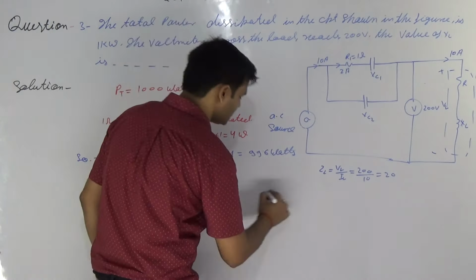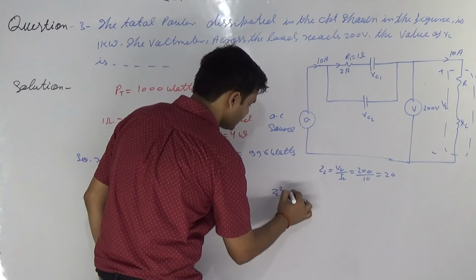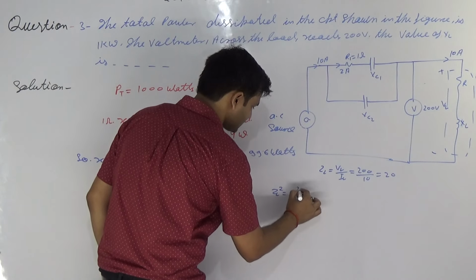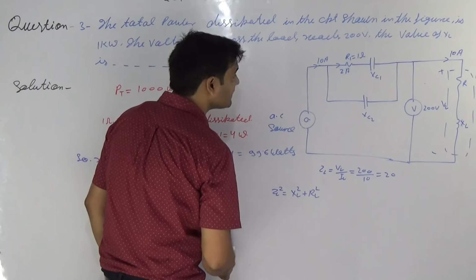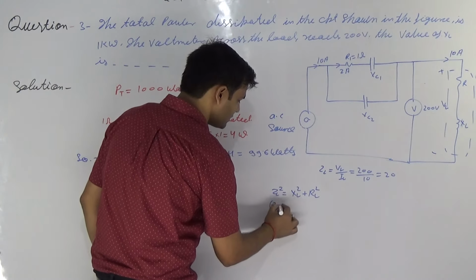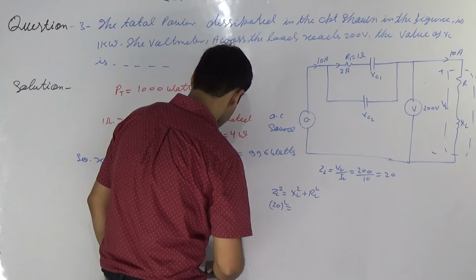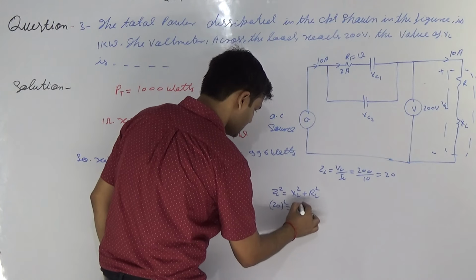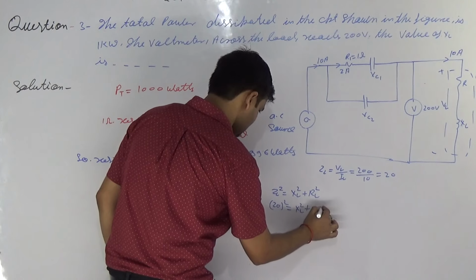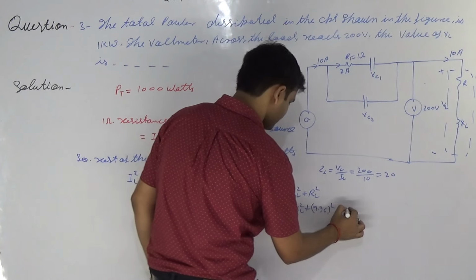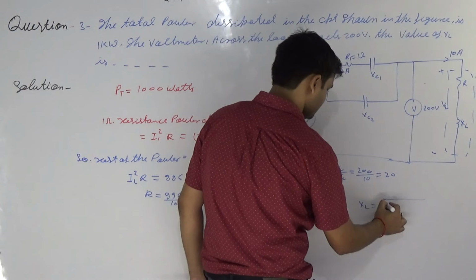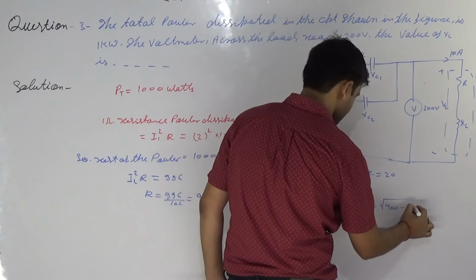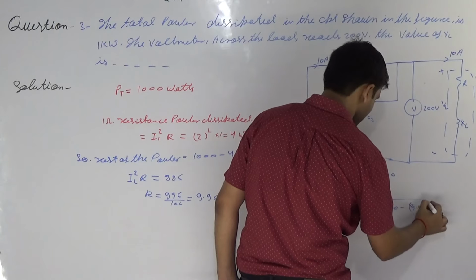For the value of XL, ZL square will equal XL square plus RL square. XL is, with R being 9.96, whole square, XL under root 400 minus 9.96 to the whole square.